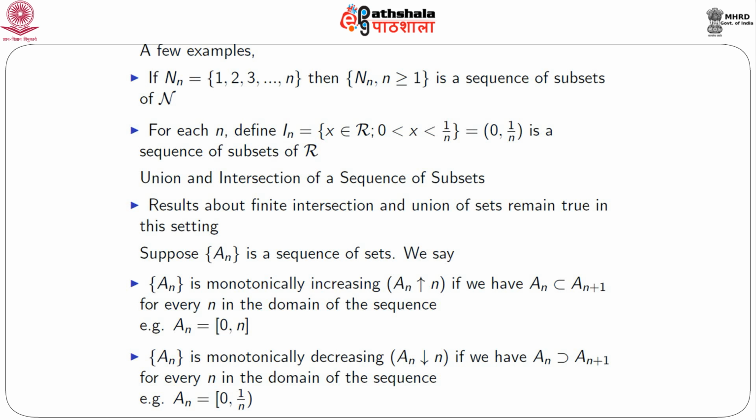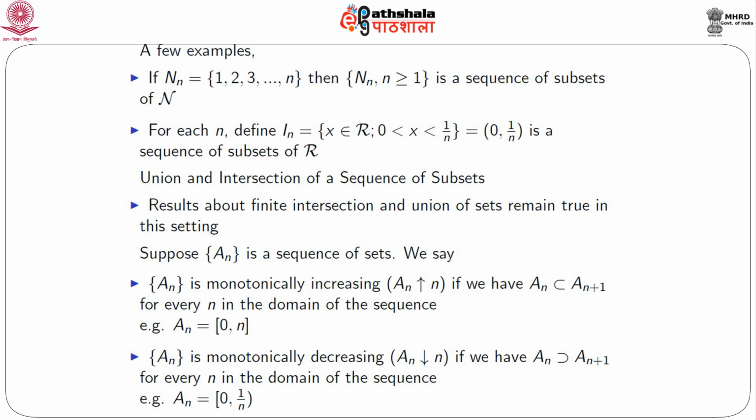Let us take one example. Suppose A_n is the interval (0, n). If I increase n, each time this interval will get bigger and bigger. So, this sequence of intervals A_n is monotonically increasing. Similarly, we can have monotonically decreasing sequences too.